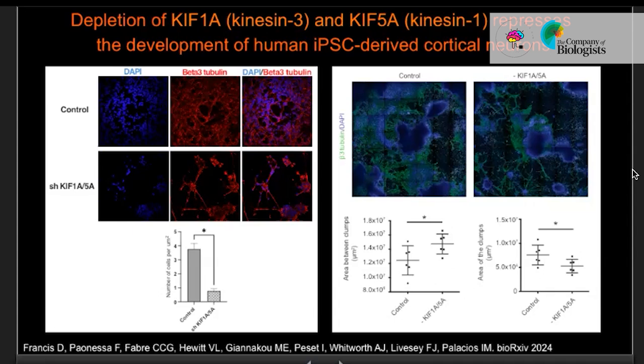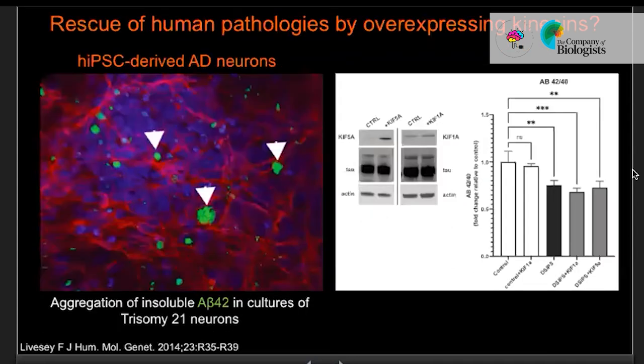We then tried to see whether we could rescue the pathological situation, the Alzheimer's disease model, using these human iPS-derived neurons. The answer is no, unfortunately, yet. Always remember the yet. I told someone before, always say yet. As a system, we looked at trisomy 21, so three copies of chromosome 21, a model that Rick Livesey had.